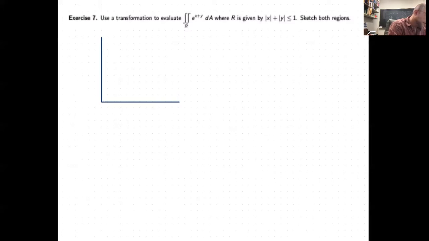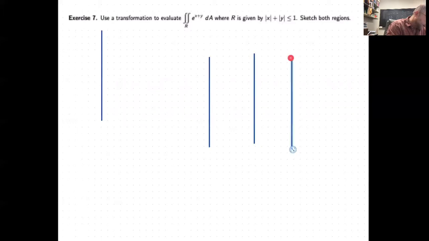Okay, it just isn't, so I'm going to do something different. Because I'm going to copy, paste, paste, paste, and rotate.